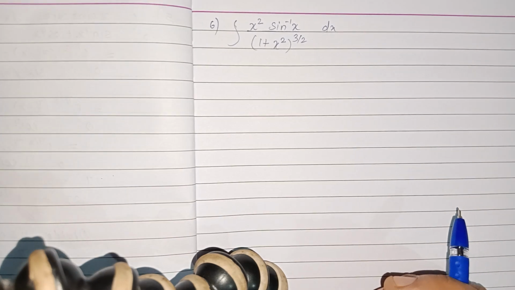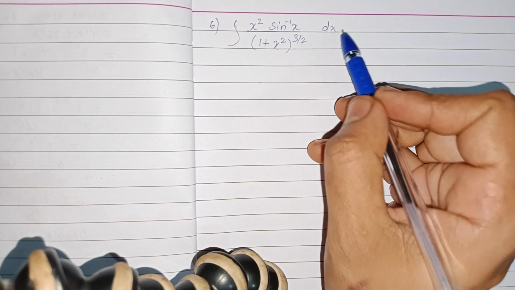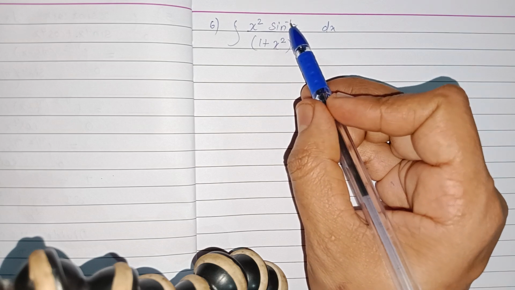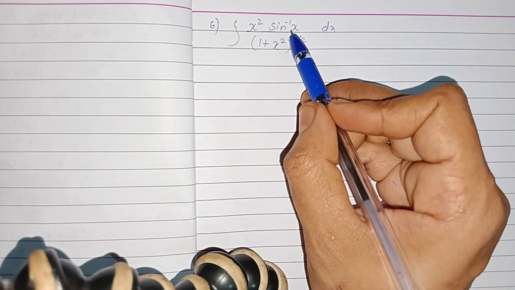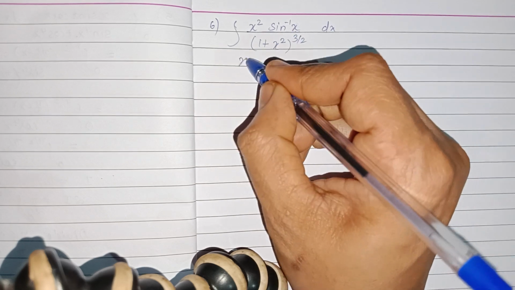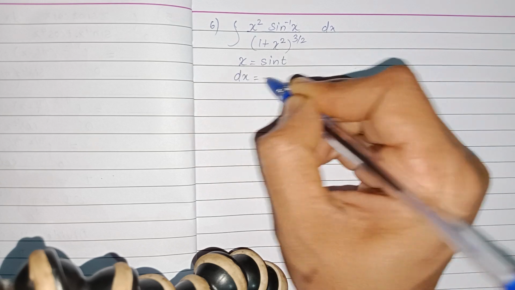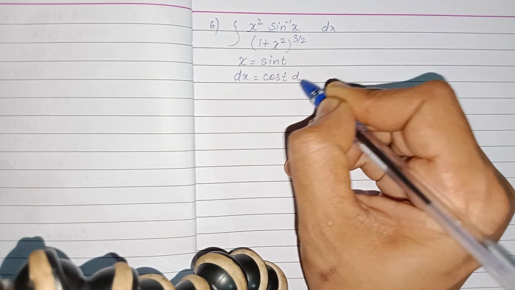Next question. Integral of x square sin inverse of x upon 1 plus x square raised to 3 by 2. Okay, so we can remove this sin inverse by substituting x as some sine, right? So we'll substitute x equal to sin t, so dx is cos t dt.